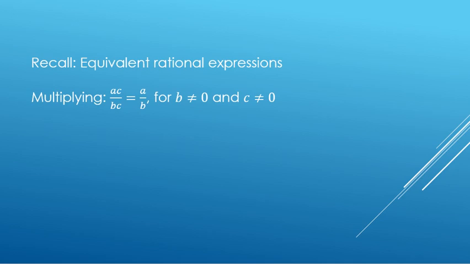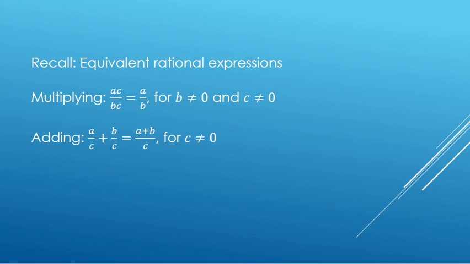In fact, within the next few slides, you'll see one application of this. So multiplying the top and bottom of a fraction by the same quantity, you're just multiplying it by 1. You're not changing the quantity that you have, but you're changing how it looks.